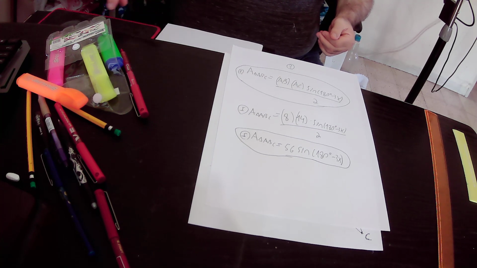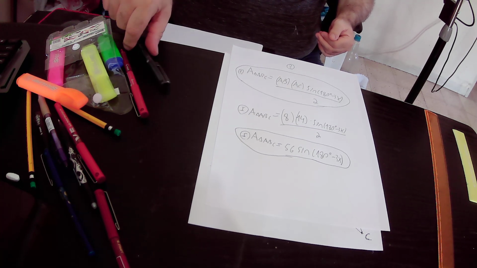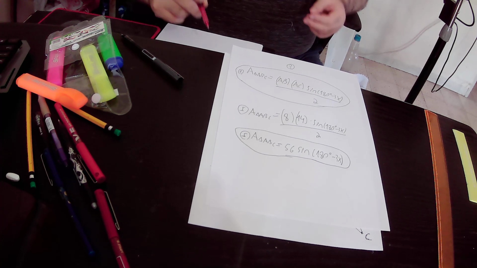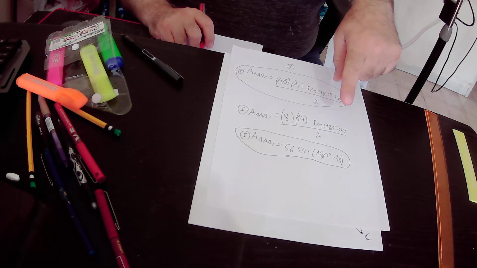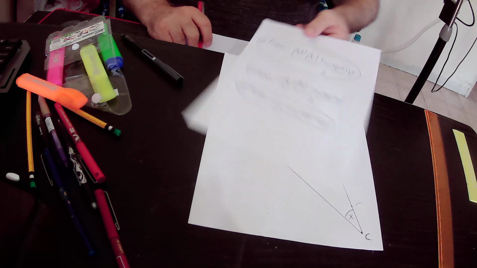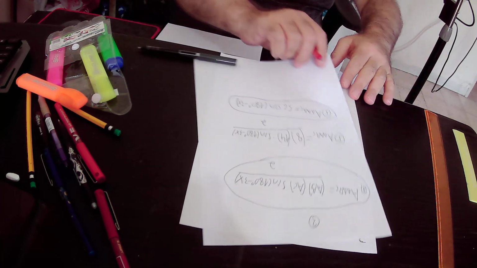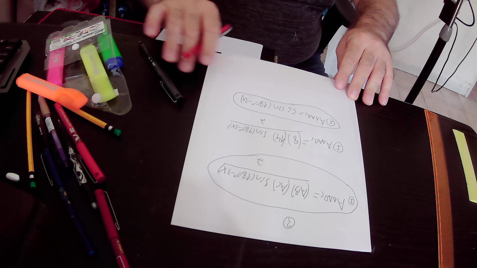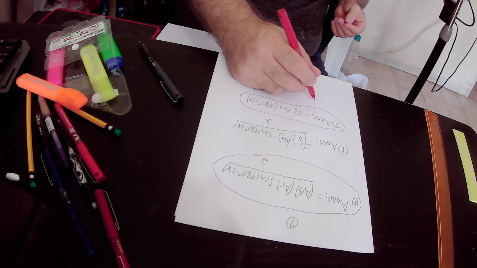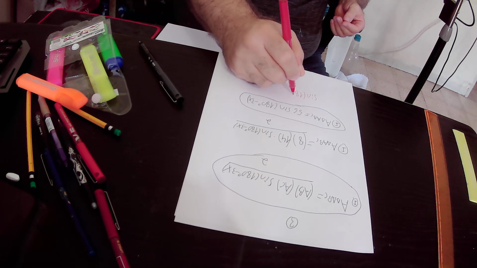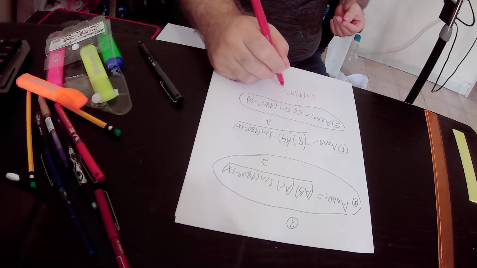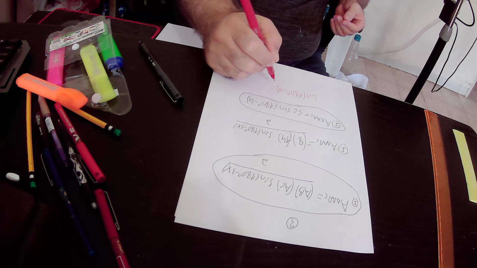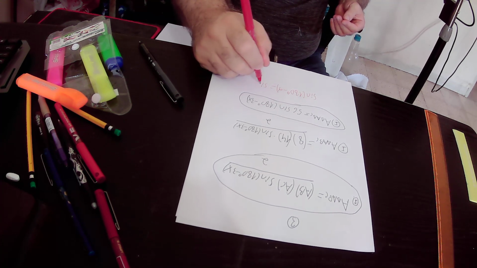So here we have a trigonometric identity for the value of sine of 180 degrees minus 3x. Sine of 180 degrees minus alpha equals sine alpha.